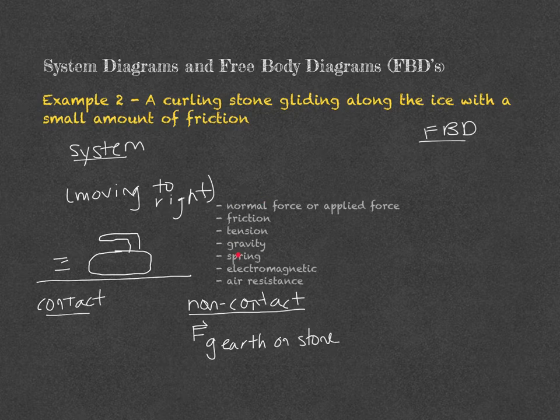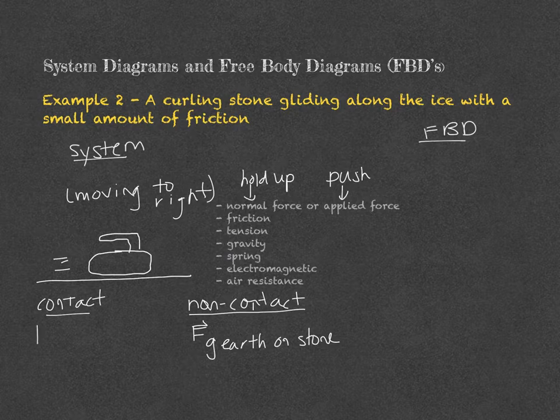And then I can go through my list and see what else I have affecting this stone. So I have gravity. There's also possibly a normal force holding it up, and an applied force if there's something pushing it. There's nothing pushing this stone, it's just gliding. But there is a normal force holding it up. So this normal force will hold it up from gravity, and this applied force would be a push or also a pull by an object.